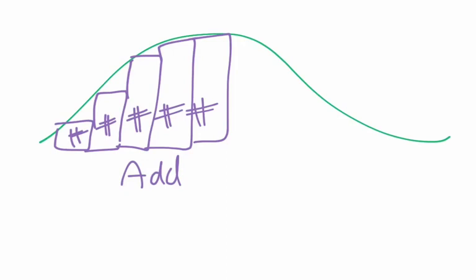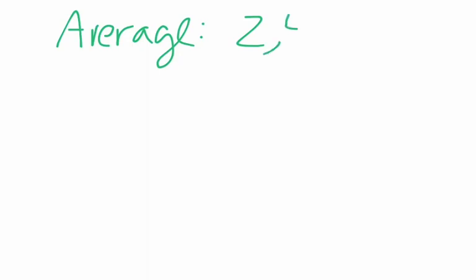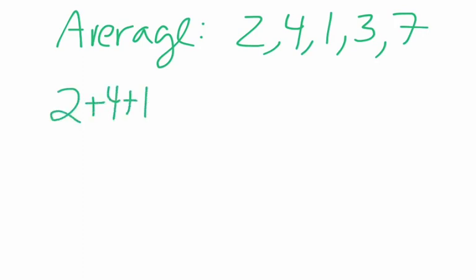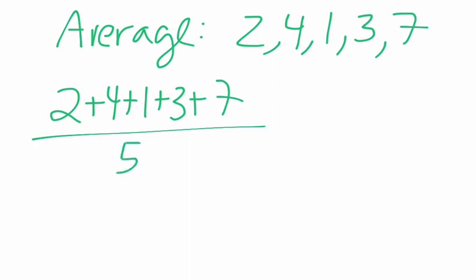Another place where you might see that symbol is if you were finding the average of numbers. So let's say I wanted to find the average of 2, 4, 1, 3, and 7. I would do 2 plus 4 plus 1 plus 3 plus 7, and I would divide that by 5. That right here that I'm circling is a summation.